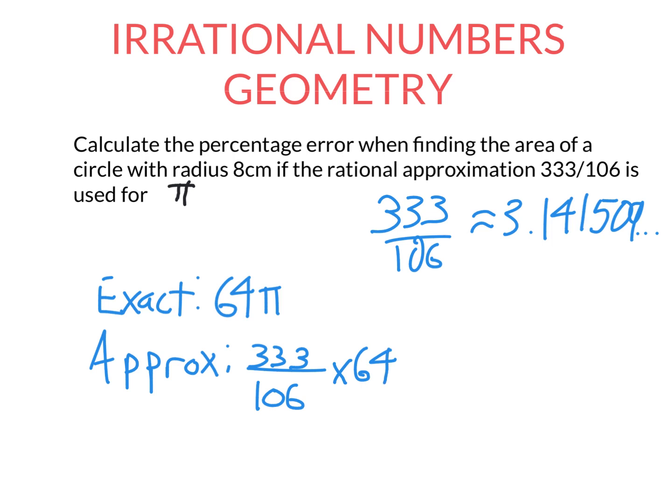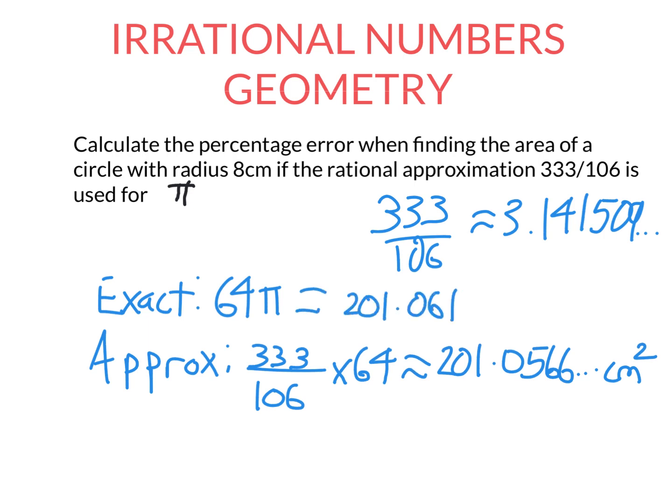So if I use this approximation, I would get an answer of 201.0566 centimeters squared, but the exact answer should be 64 times pi, which is about 201.0619 centimeters squared. So you can see here that these two are very close.